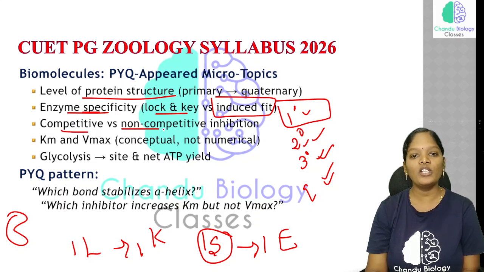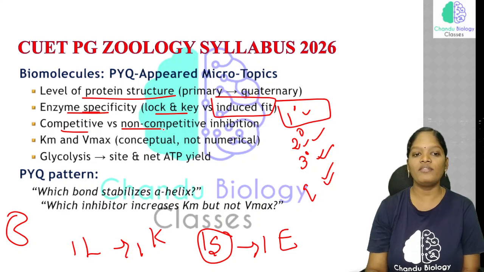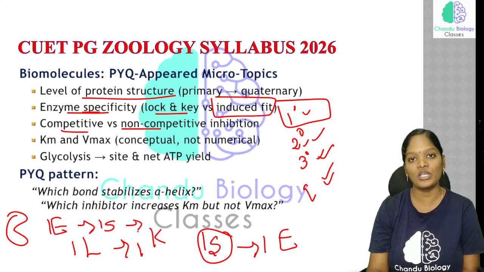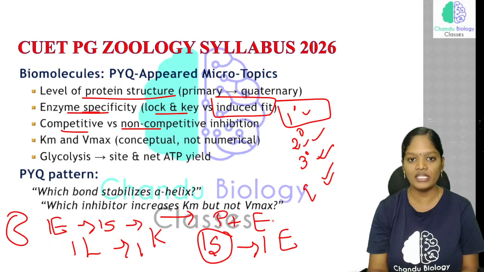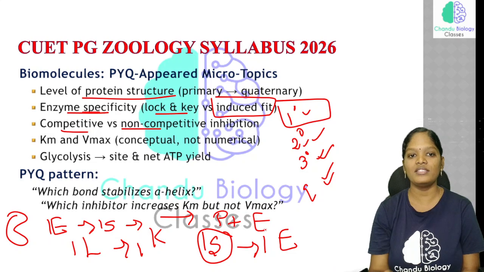And competitive and non-competitive inhibition. An enzyme binds with its substrate to give an enzyme substrate complex. As a result, they give a product and the enzyme dissociates from the substrate. This is how an enzyme works. But how can we inhibit the enzyme?